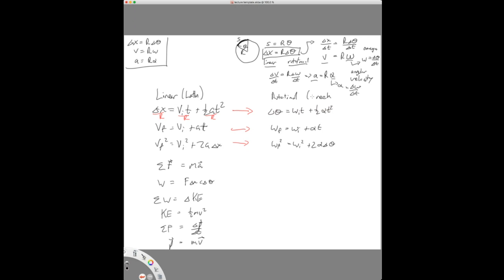So we use the Greek variables for all of the rotational variables. If we want to convert from Latin into Greek, from linear into rotational, we can do that. Now, for these first three equations, it just means dividing by r, or r squared in the case of the third equation. But for the rest of them, it's slightly more complicated.